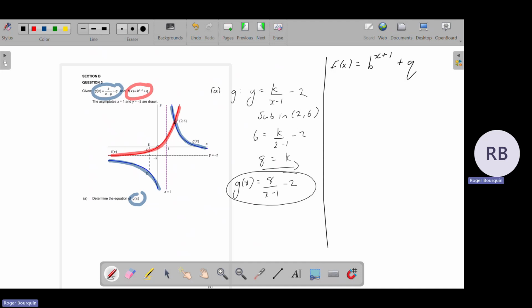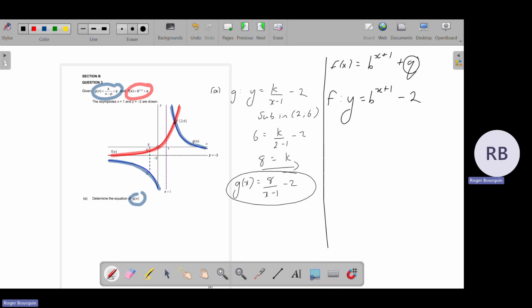Okay, so guys, just in general for exponential graphs, so for the red graph, a good habit is to get into this order when you're asked to find the equation. Number 1, put in the horizontal asymptote. So what's the horizontal asymptote of the red graph? Y is equal to -2, so that's q. So f is the graph y is equal to b to the x plus 1, minus 2. That's the horizontal asymptote, the number at the end.